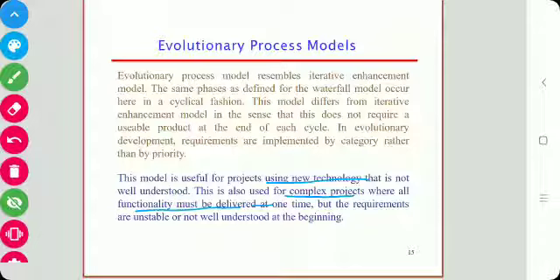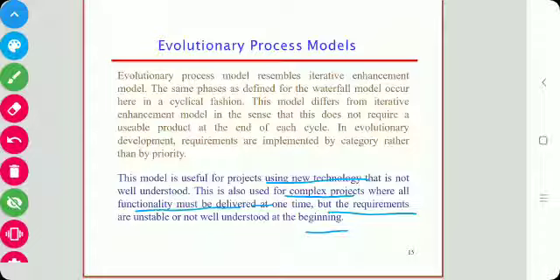Means all the functionalities, like the database application, which is available after four cycles. So in that case we use the evolutionary process model, where the functionality is delivered at one time and where the requirements are unstable and not well understood at the beginning.